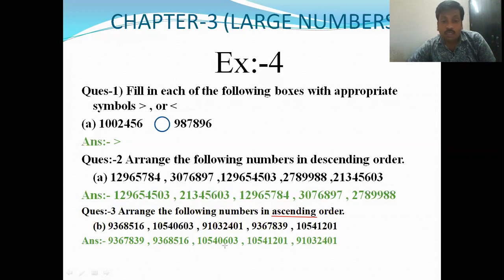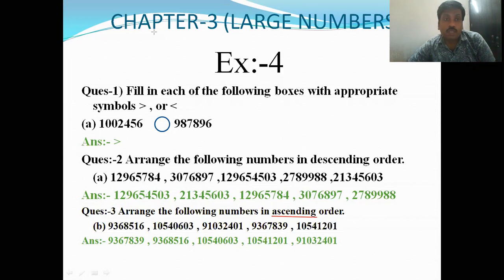And then 1 lakh, 1 crore, 5 lakh, 41,201. And after that, 9103241 is the greatest number. Okay, children. Now, in this way, we can find the ascending order.